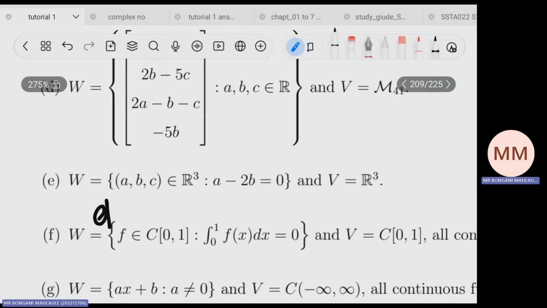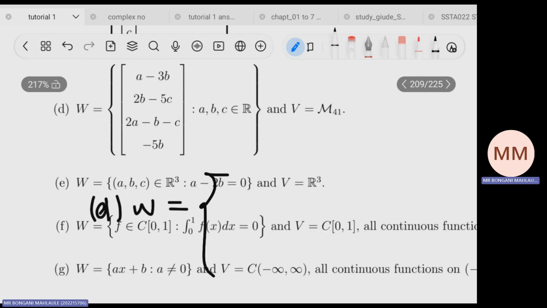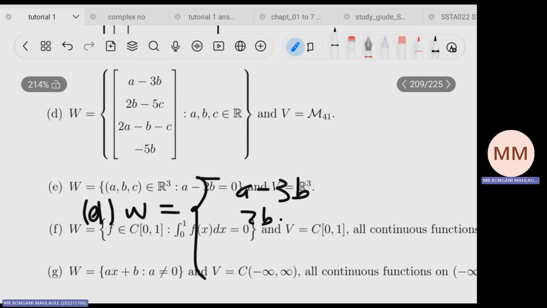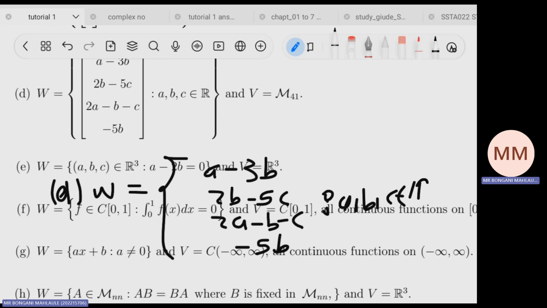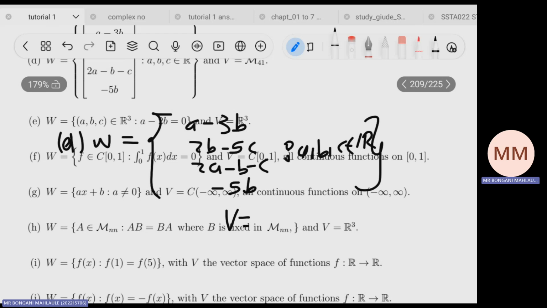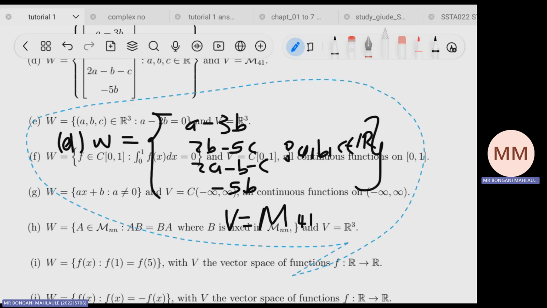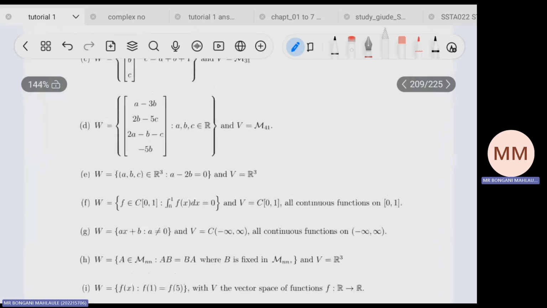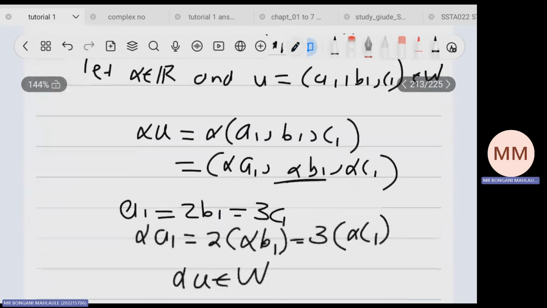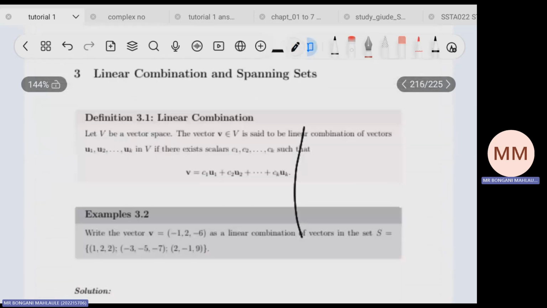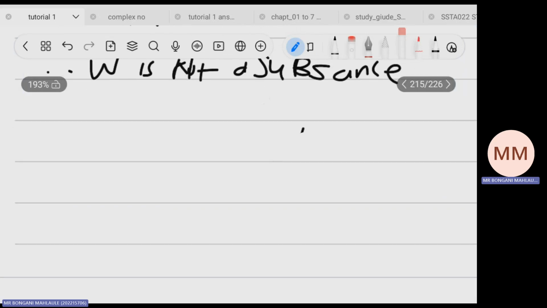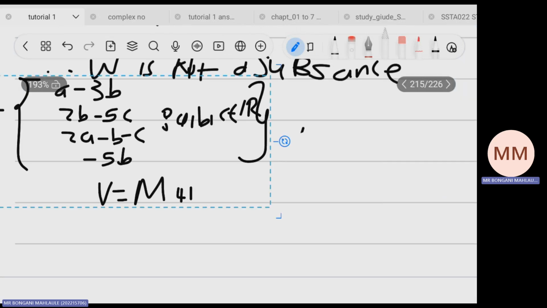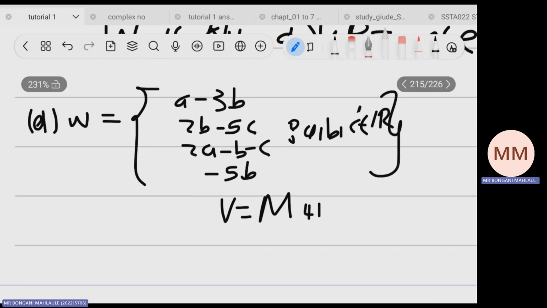I'm going to take letter D. V is equal to M. So I want to show that this vector is a subspace. So this is what you are having.